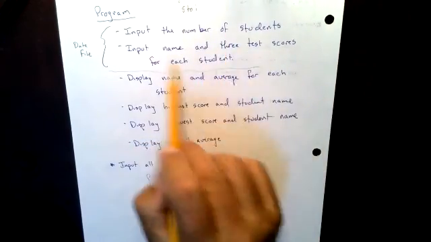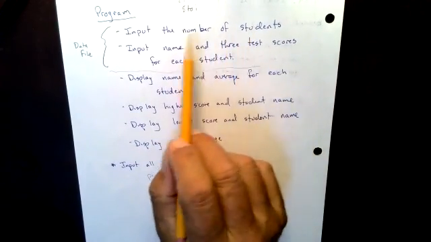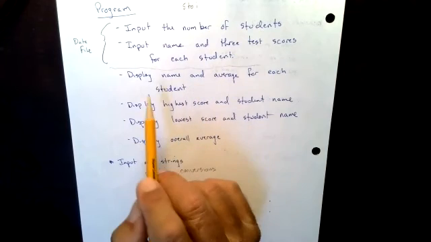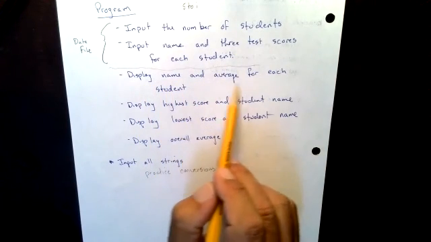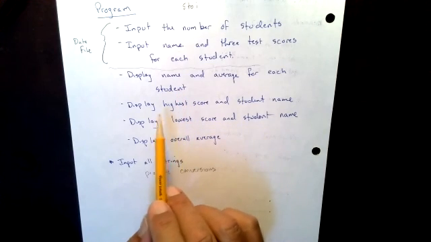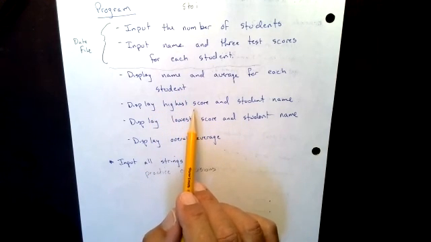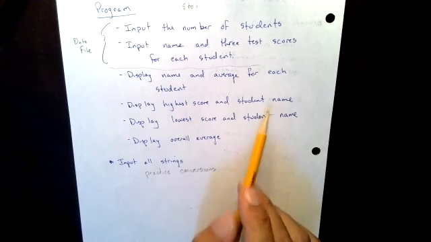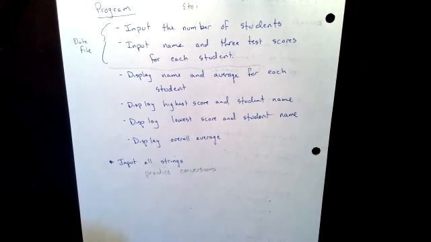As these things are coming in, I don't have to store them in an array, but what I want you to do is display the name and the average for each student. And then when all that's done, I want you to display the highest score and what student got that, the lowest score, what student got that, and finally display the overall average.